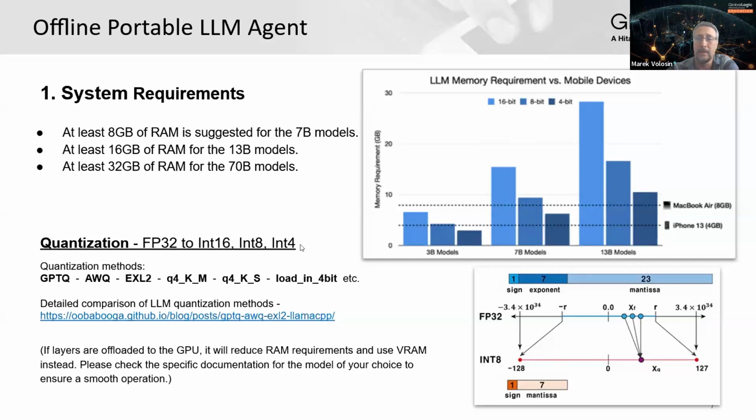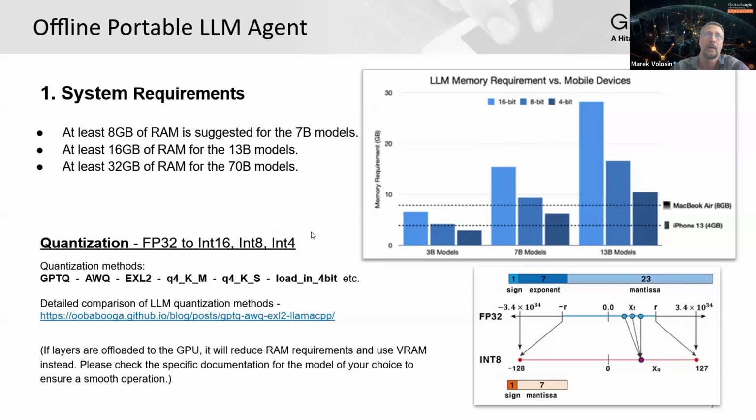Some scientists tried to make those language models smaller, and they realized that the integer version of the same language model has very similar, high quality responses, and the size of that language model is much smaller.